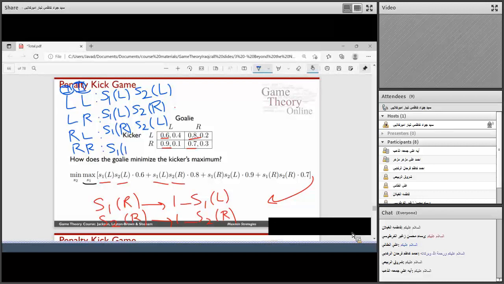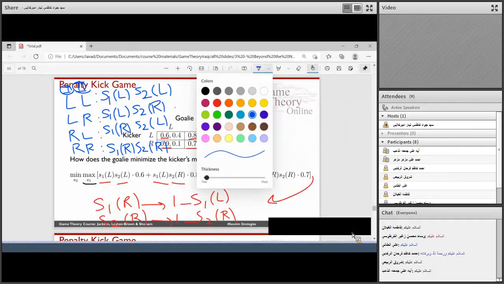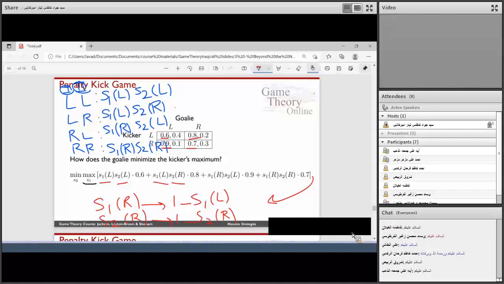And finally, the probability of first player going to right times the probability of second player going to the right. All right? Okay. Now, for each of these scenarios, we need to find the utility for which player? In other words, I'm going to find U of LL for which player?